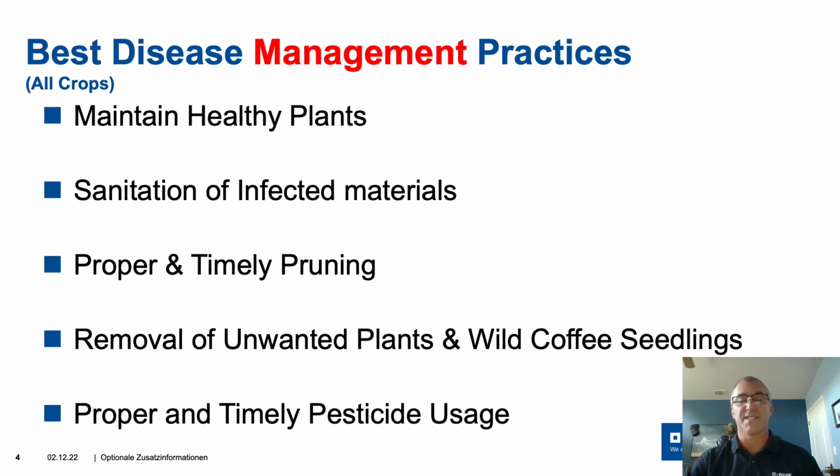I've studied this disease for only a couple months, but your cultural techniques, how you treat your orchard, are going to be very important, and pruning is probably going to be the most important part of that. Also, removal of unwanted plants and wild coffee seedlings will be very important.